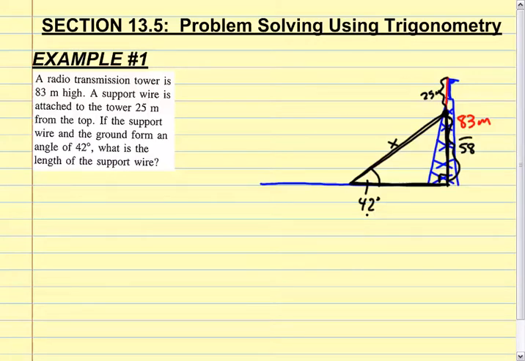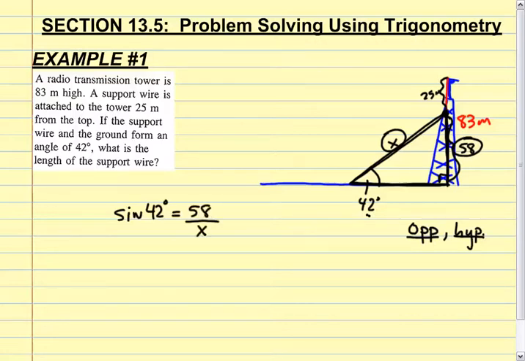What are this side and this side to this angle? It's the opposite and the hypotenuse. Which trig ratio involves opposite and hypotenuse? That's the sine. The sine of 42 degrees is equal to 58 over x.